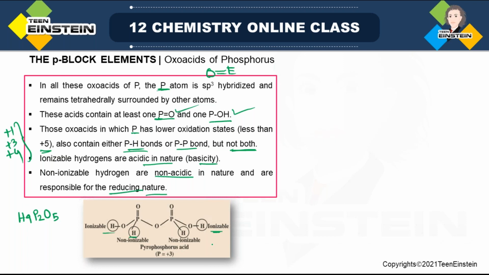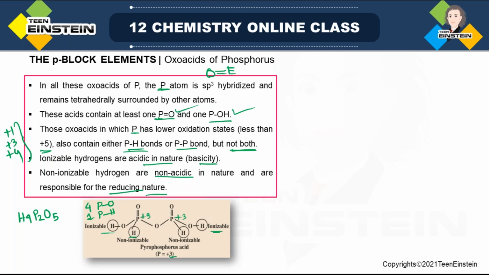As mentioned, the oxidation state is lesser than +5 here. How do we understand it? See how many phosphorus–oxygen bonds there are: 1, 2, 3, 4. And how many phosphorus–hydrogen bonds? Only 1.